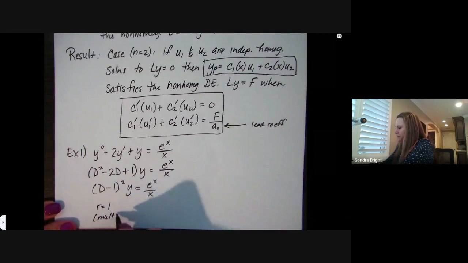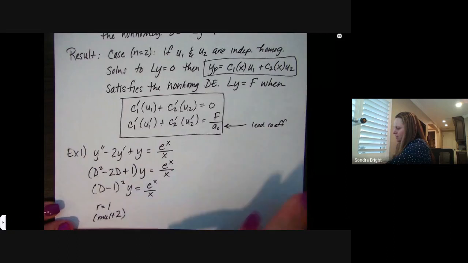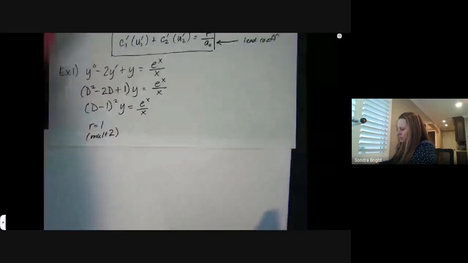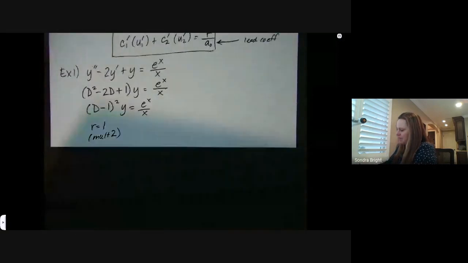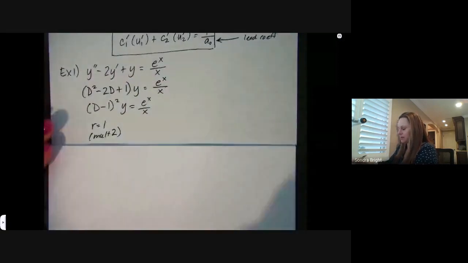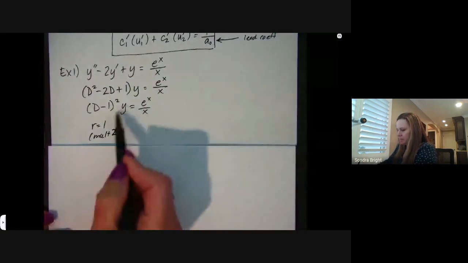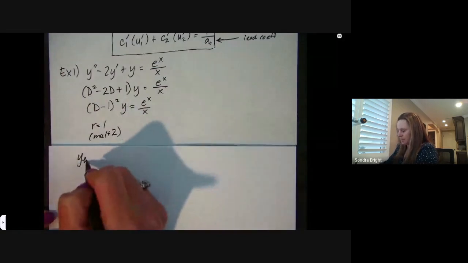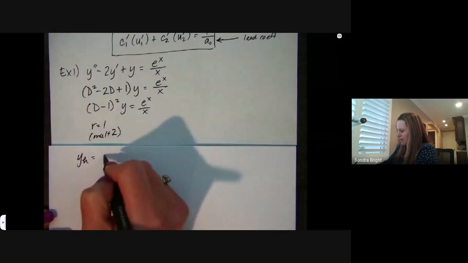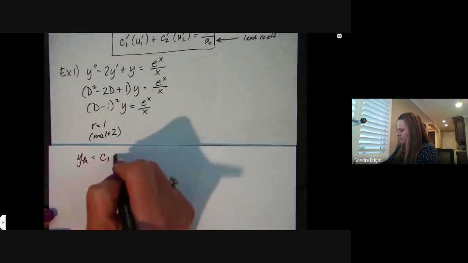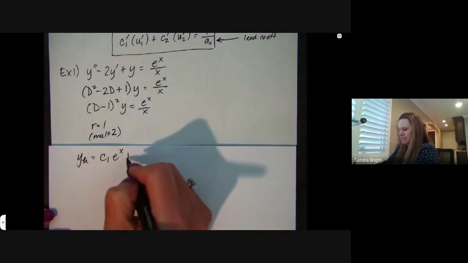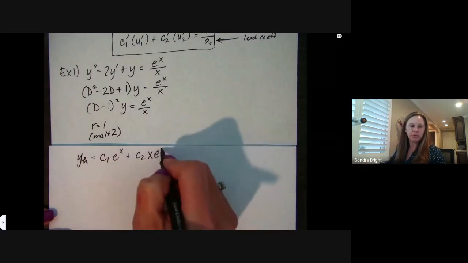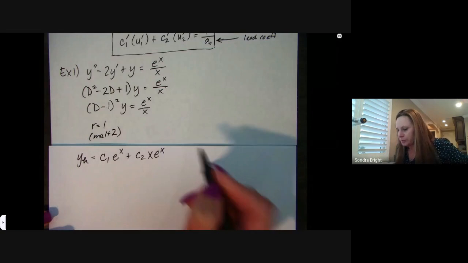If this left-hand side had been set equal to 0, then the homogeneous solution would be some constant times e to the 1x plus some other constant times x times e to the x. That's just a real root with a multiplicity of 2.